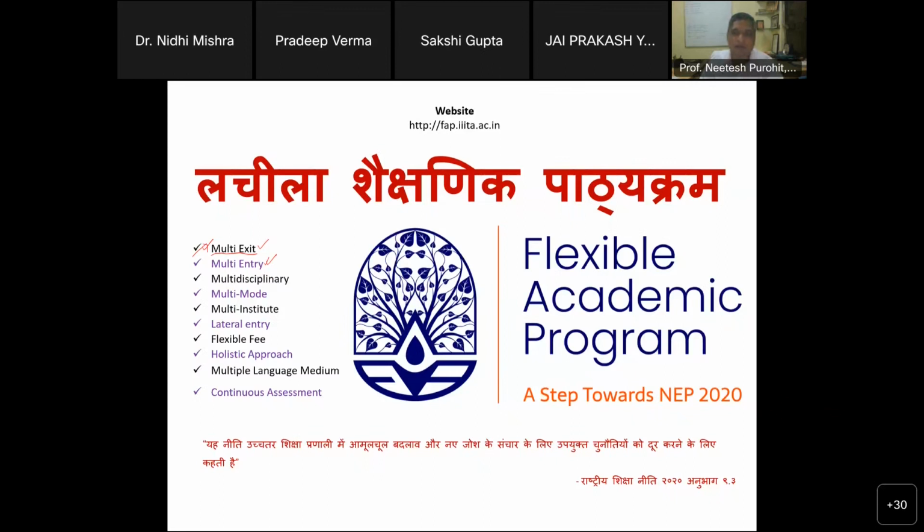And just think of it, when we try to actually realize these 2 points, it's a huge change what is required to be done. So multi-entry and multi-exit is something which cannot be enabled in the existing structure. Similarly, the multidisciplinarity, the larger vision stated in the NEP 2020, states that the person should be able to switch from one discipline to another discipline.